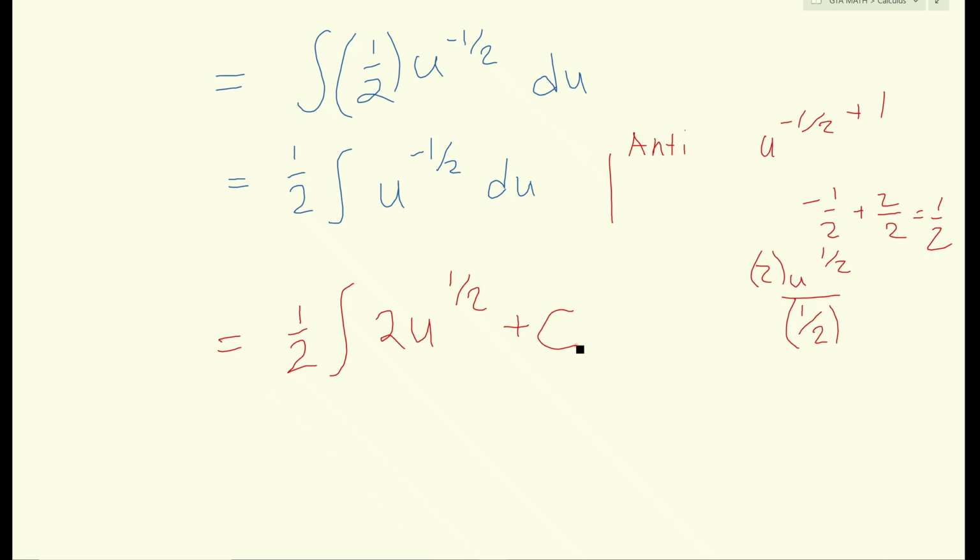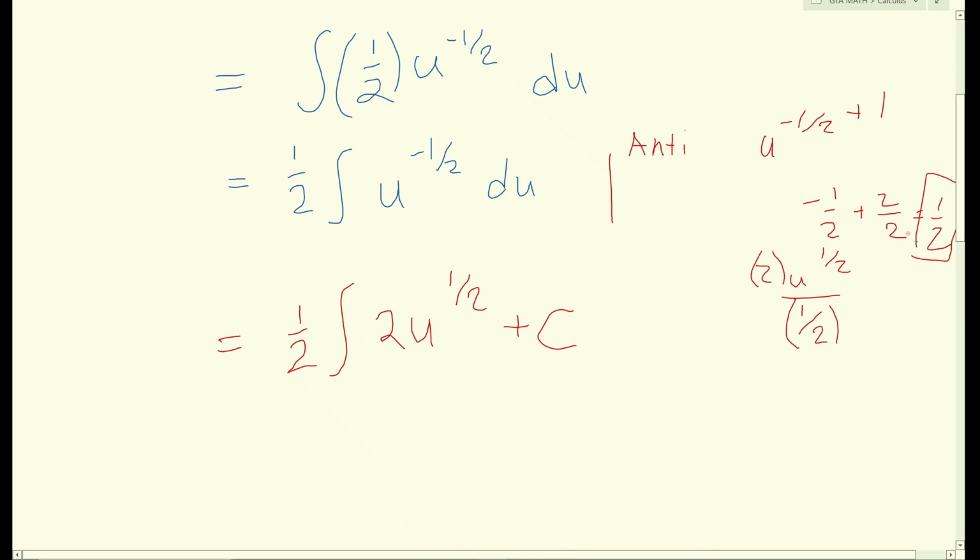So all we did was we added 1 to this u function, and we divided that by the new exponent. So what that looks like, I'll do it again. We ended up with the new exponent of 1/2.